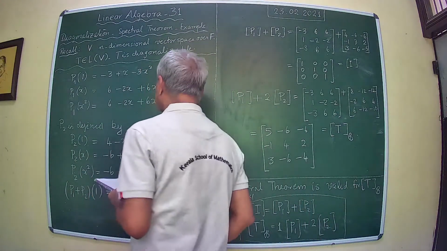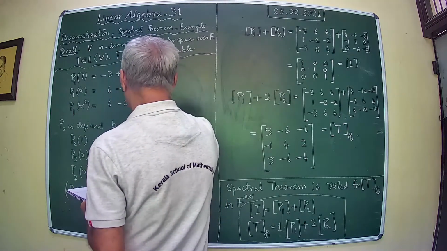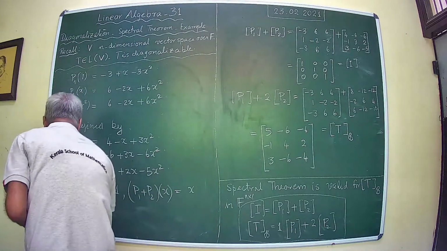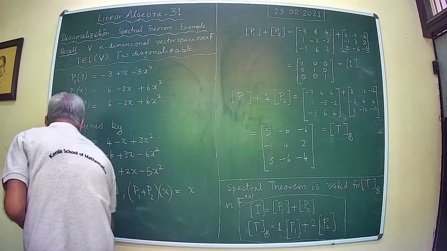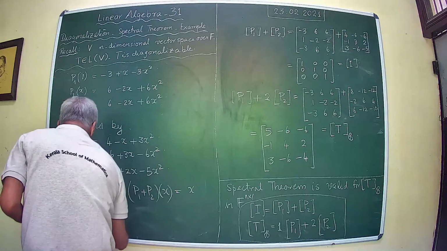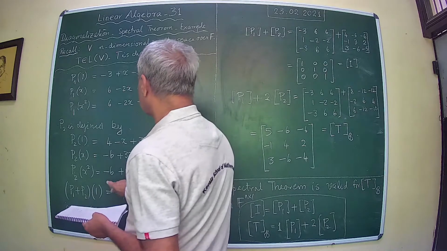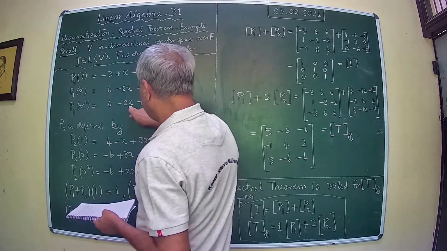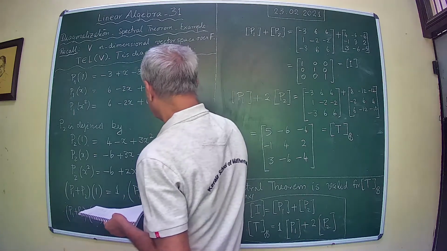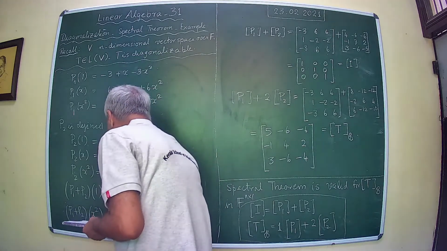Minus 2x plus 3x is x, and these two cancel. And P1 plus P2 of x squared: compute this, 6 plus minus 6 is 0, 2x minus 2x is 0, minus 5x square plus 6x square, so this is x square.